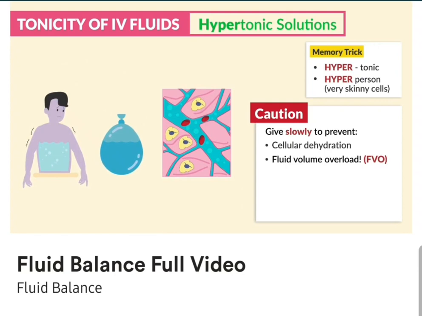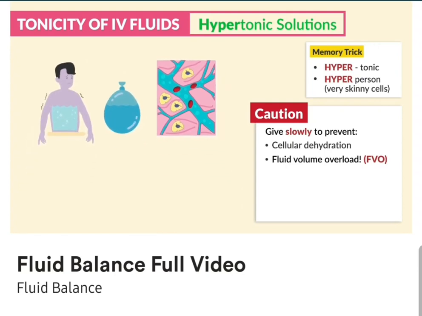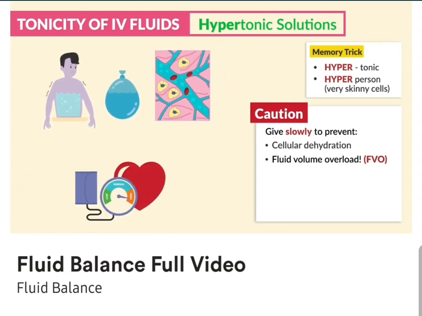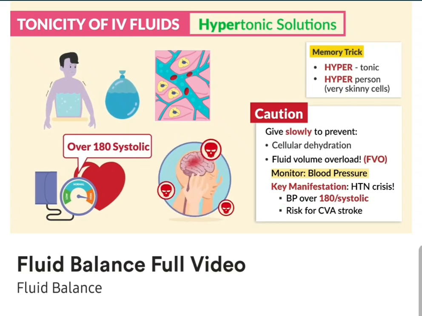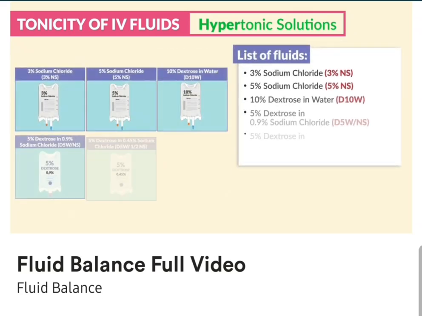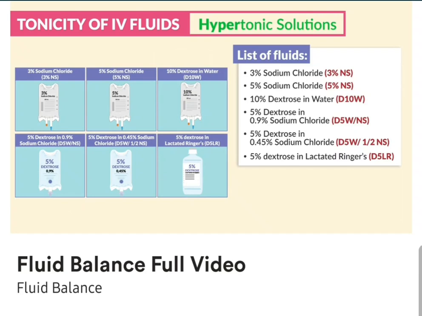All that fluid fills up the vascular space inside the blood vessel, causing hypertension crisis. So be sure to monitor for a blood pressure. And once again, the key manifestation is a hypertension crisis, a blood pressure over 180 systolic, huge risk for a CVA stroke.